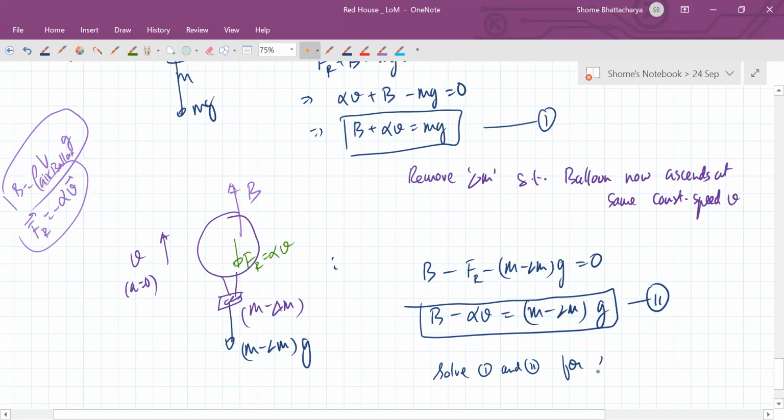for delta m. Okay, so basically you will want to eliminate alpha, because b is given to us, v is given to us, m is given to us. Of course g is a known quantity, but the unknowns are delta m and alpha. So you have to eliminate alpha between the two of them.